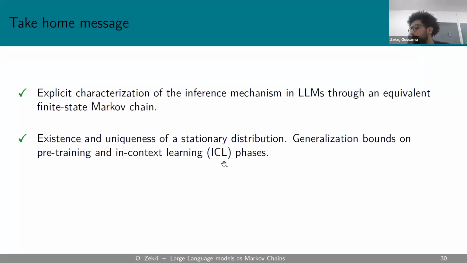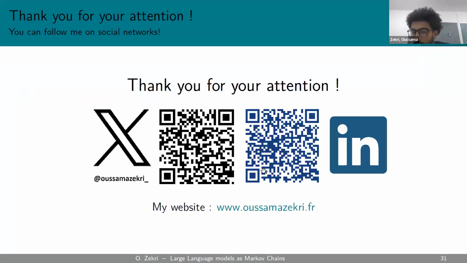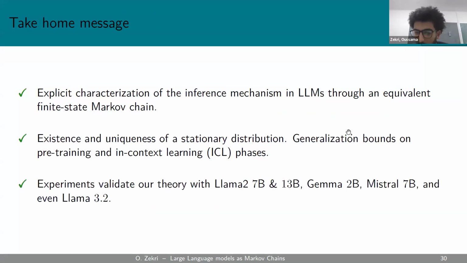We have derived a lot of theoretical insight: the stationary distribution, generation bound, sample complexity, and what happens during in-context learning. And we also have checked the in-context learning bound on recent LLMs and shown that this bound can address this practical problem.